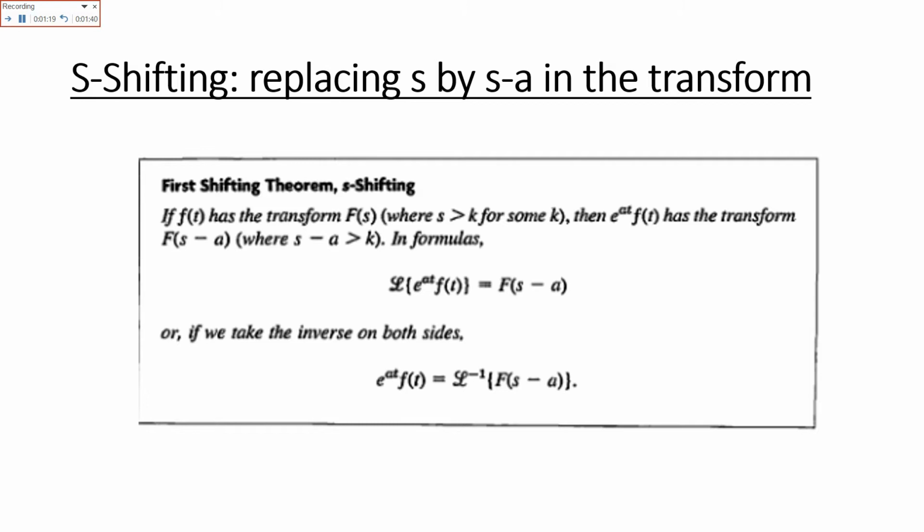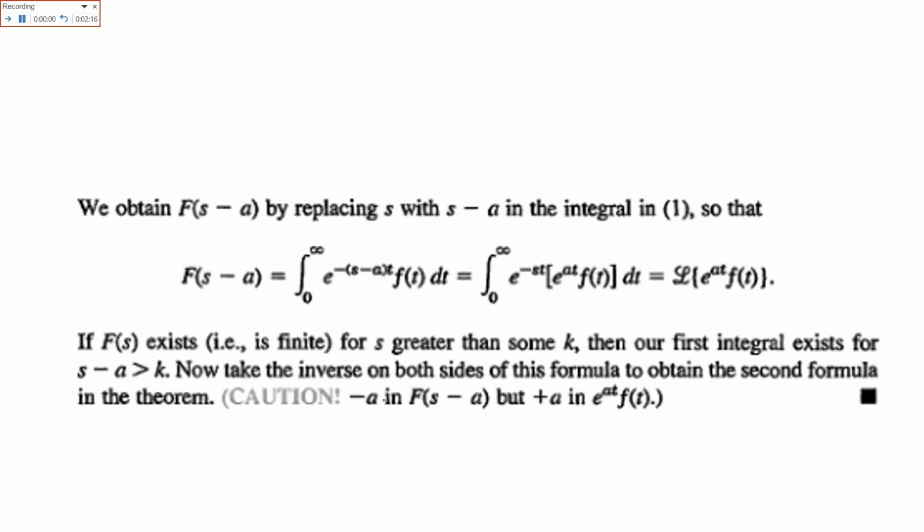And if we take the Laplace inverse on both the sides, like we are taking Laplace inverse here, also Laplace inverse here, so this Laplace inverse and Laplace would be cancelled out with each other. So the equation e raised to power at f of t, where a is basically constant, gives us Laplace inverse of f of s minus a.